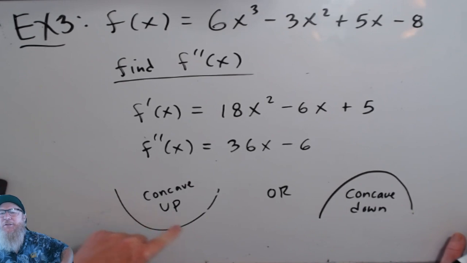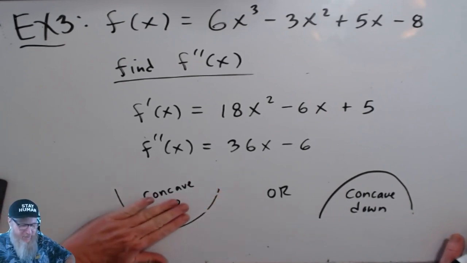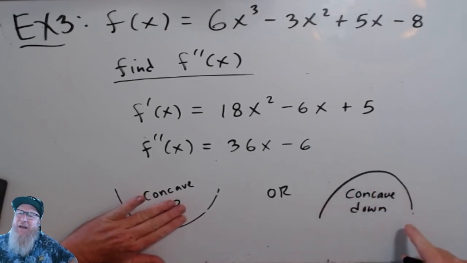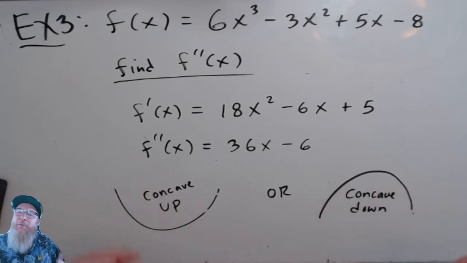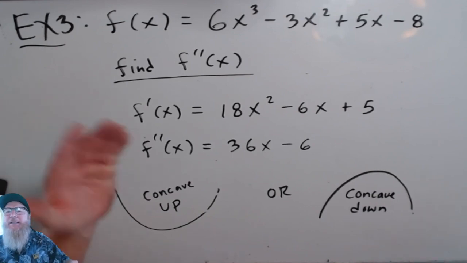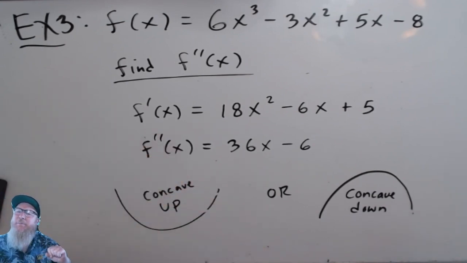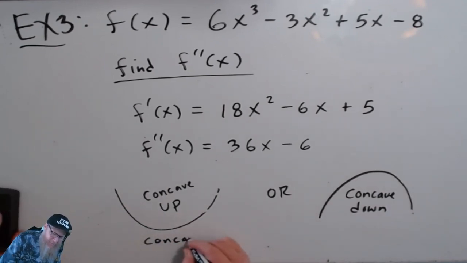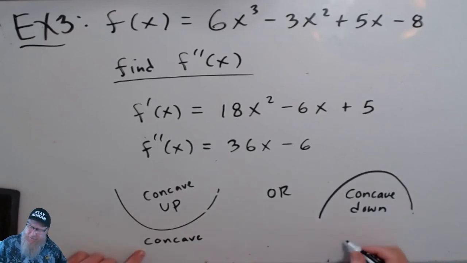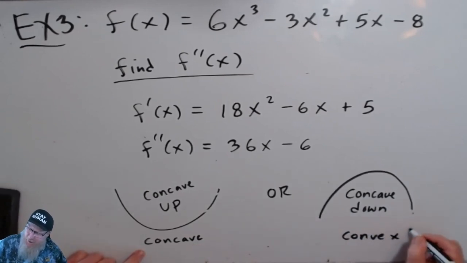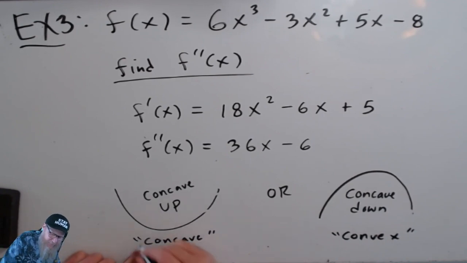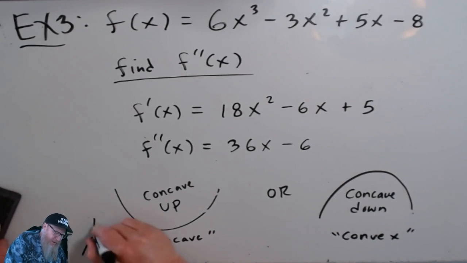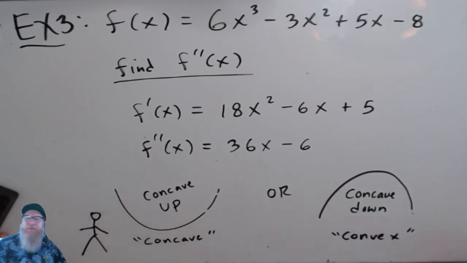So if something was shaped like a U, we would not use the word up. We would just say it's concave, and this shape was called convex, right? The reason we don't do that in mathematics is because it depends on your orientation. So if this is concave, this is sometimes called convex, and this is what it would be called if everybody stood like this, right?